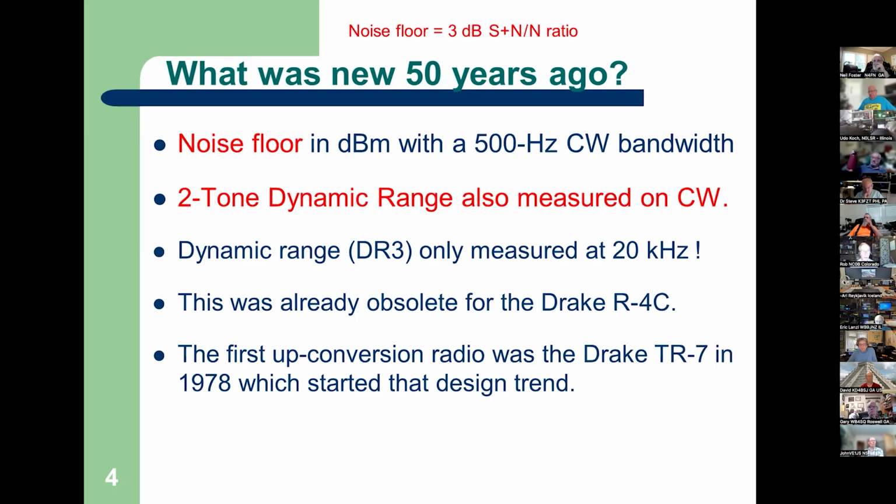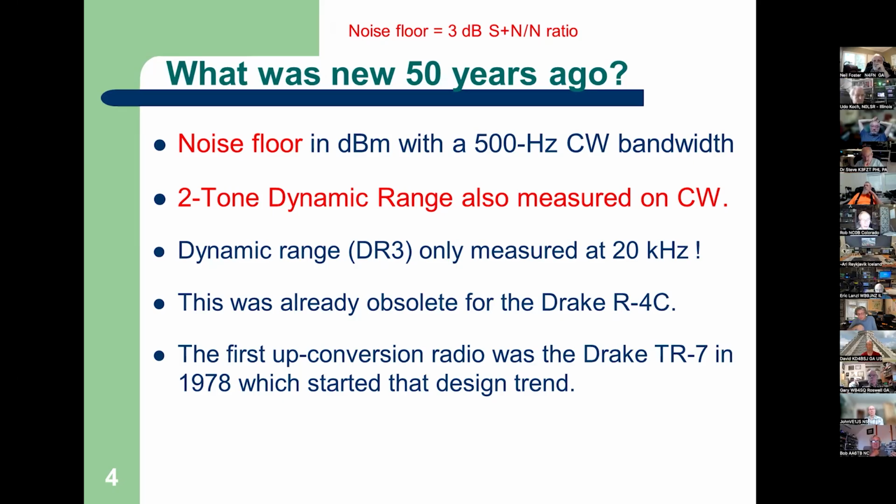Most CW DXpeditions are up one or up two. This measuring only at 20 kilohertz was obsolete already if you owned a Drake R4C, which, as I mentioned earlier in our chatting, is what got me testing, because the reviews said it's great, and in a pileup, it wasn't. So I figured out, well, something's wrong with the test.